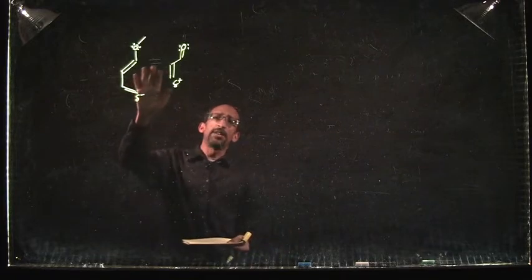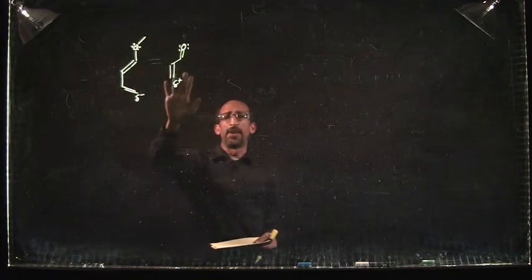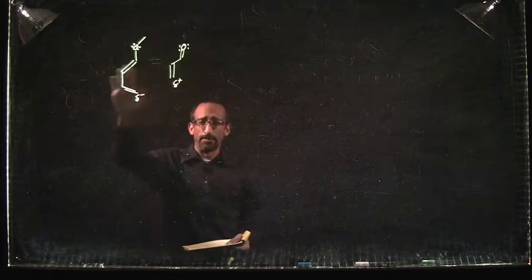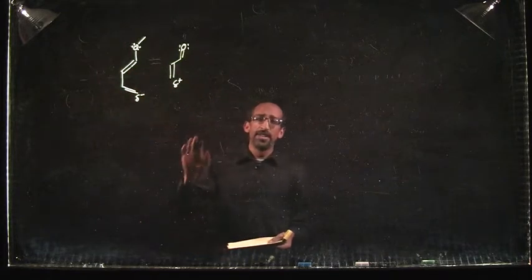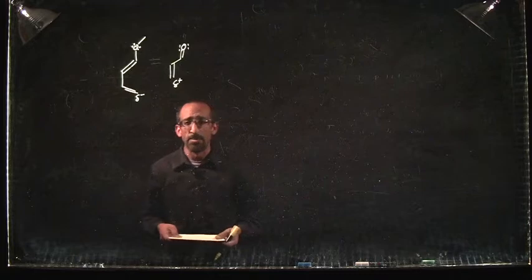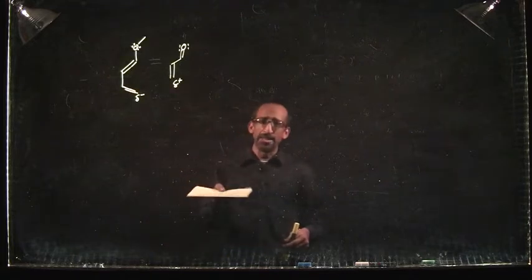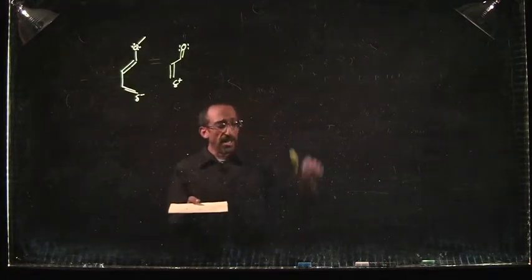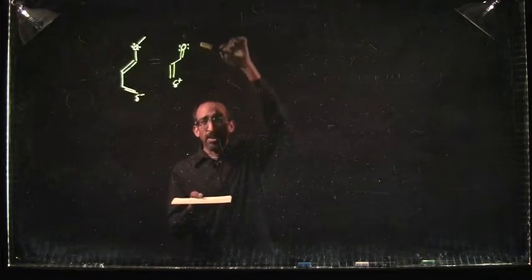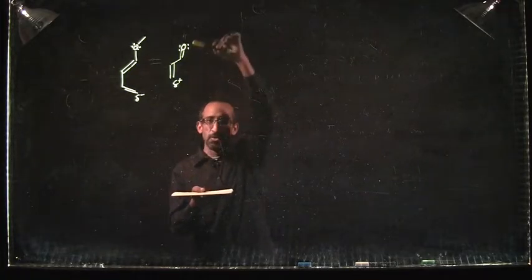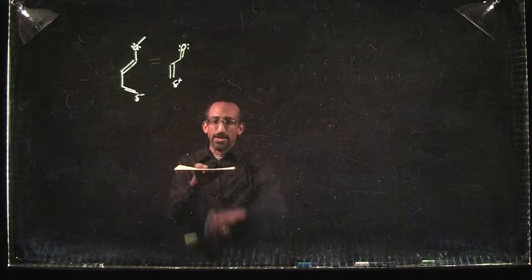I have drawn here our diene and our dienophile in the same plane. In reality, these two molecules do not exist in the same plane. When they react, if we imagine my papers here are the diene and my pen is the dienophile, they're going to need to approach each other in this fashion.